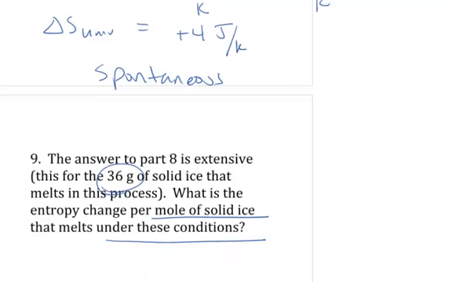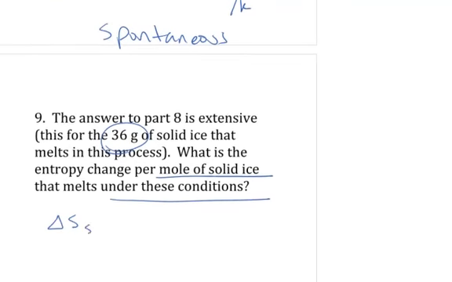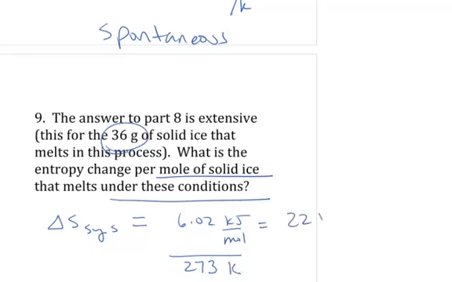If we want to calculate per mole, we go back to the situation where, for each mole, the change in enthalpy of the system is 6.02 kilojoules per mole, divided by 273 Kelvin, which equals 22 joules per mole per Kelvin.